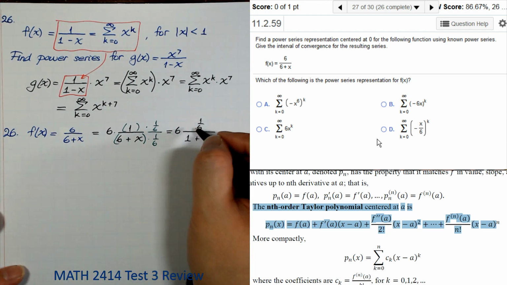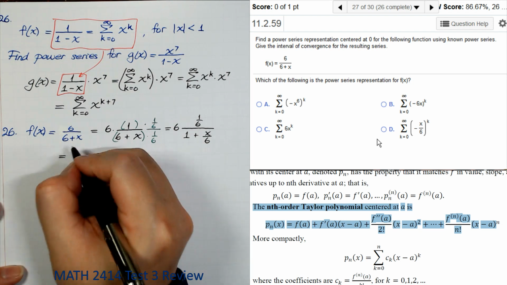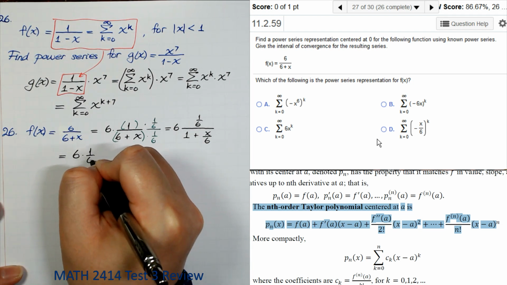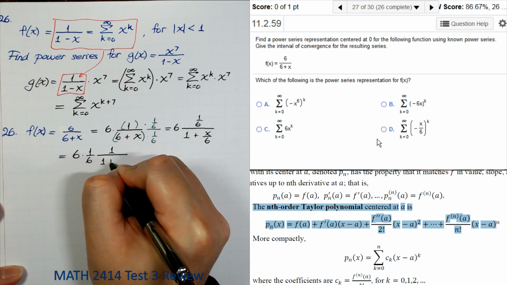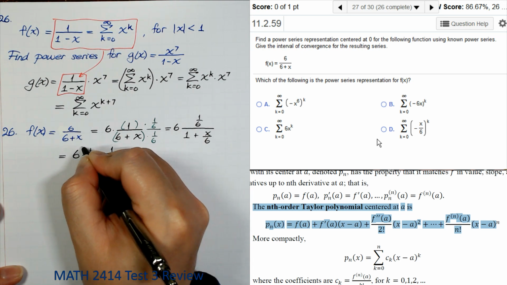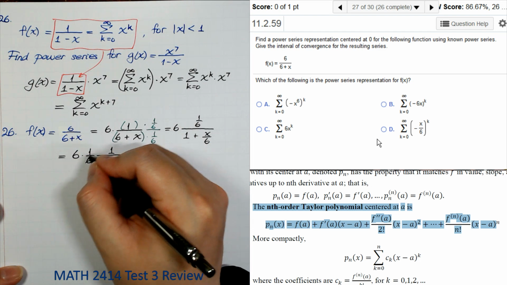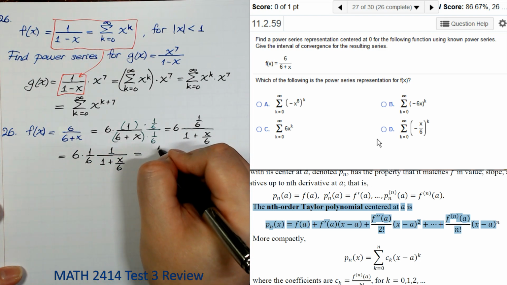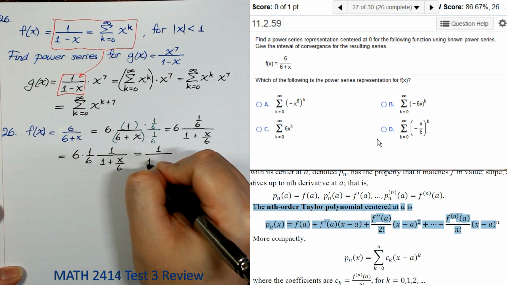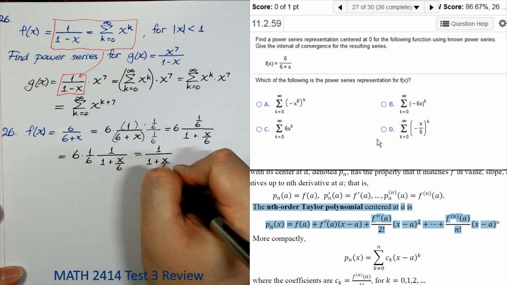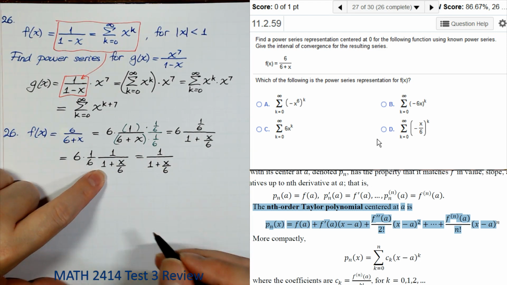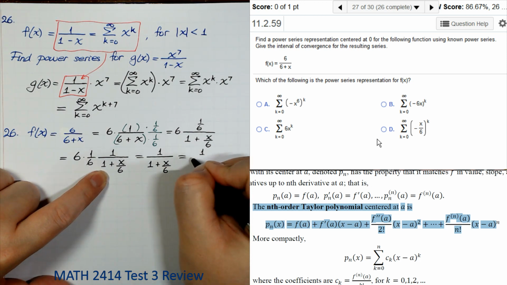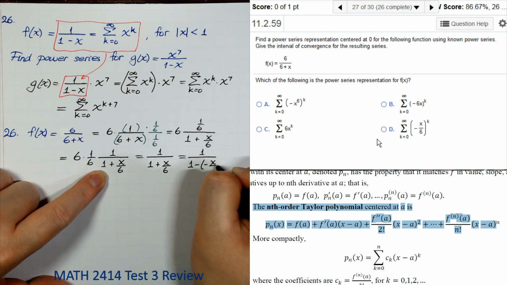Right, now take the 1 over 6 in front. That gives us 1, right? That cancels out. So we just have this. So have 1 on top, 1 from the beginning, which is good. But it is minus though. So in that case, we have to write 1 minus x over 6.